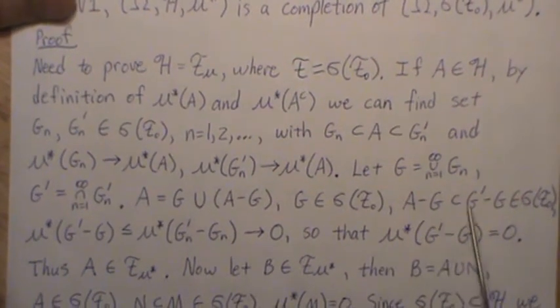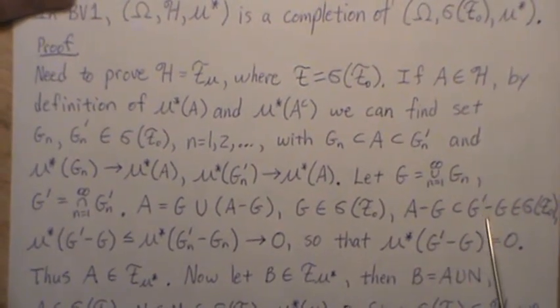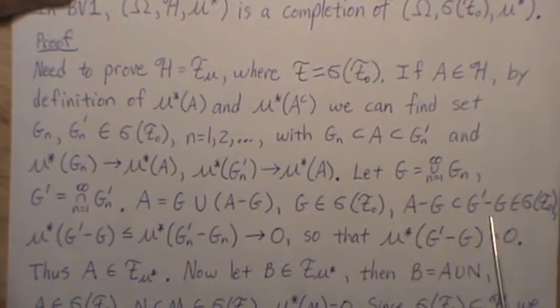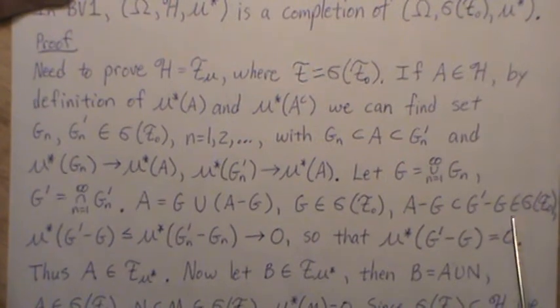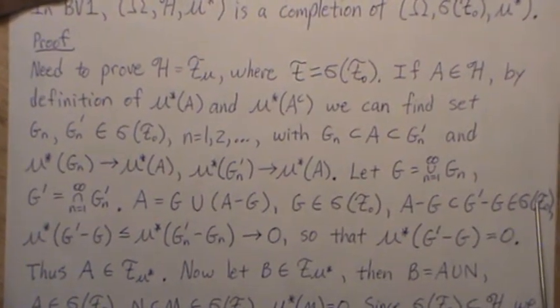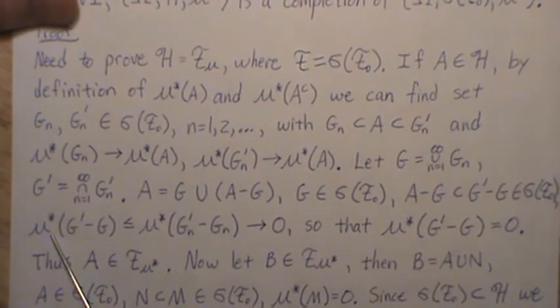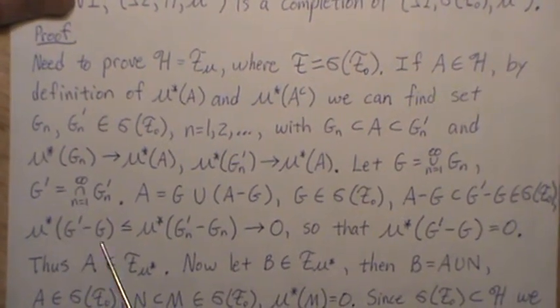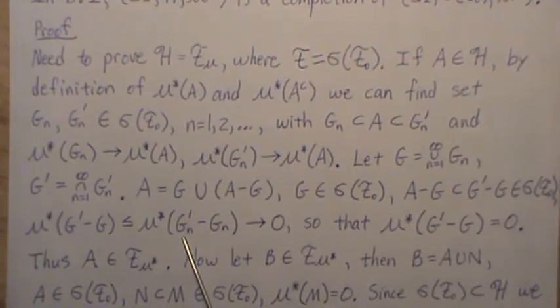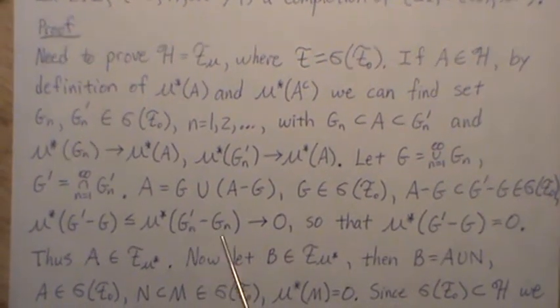A minus G is a subset of G prime minus G, because G prime is a little bit bigger than A. But G prime and G are both elements of the sigma field. So that means mu star of G prime minus G is less than or equal to mu star of Gn prime minus Gn.